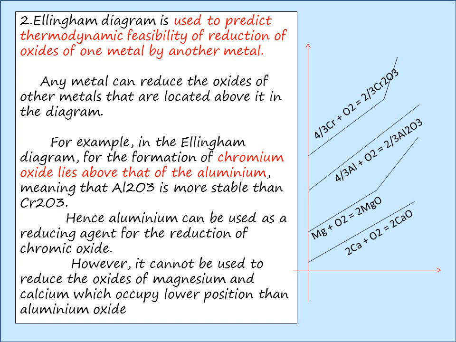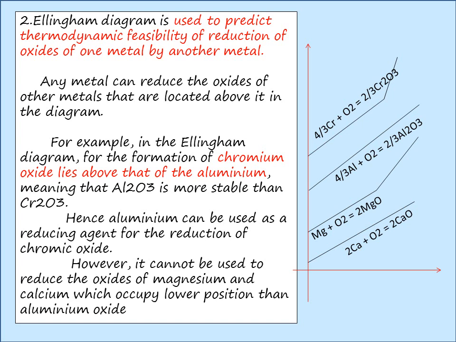The second application of the Ellingham diagram is that it is used to predict the thermodynamic feasibility of reduction of oxides of one metal by another metal. If you take this graph, I have given you 4 lines. You can see calcium lying at the bottom, then magnesium, aluminium and chromium.